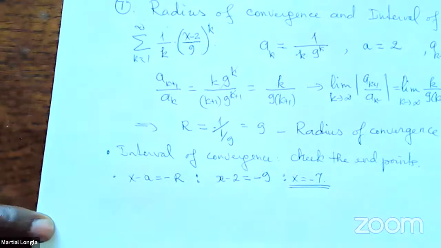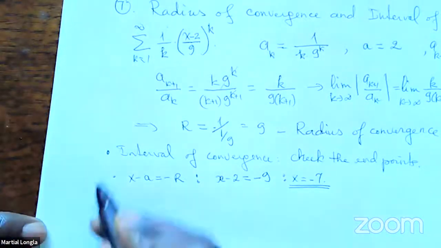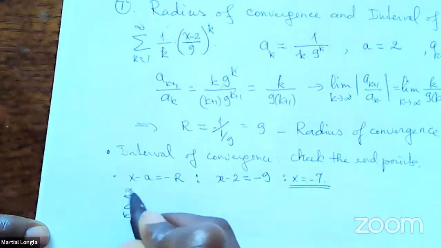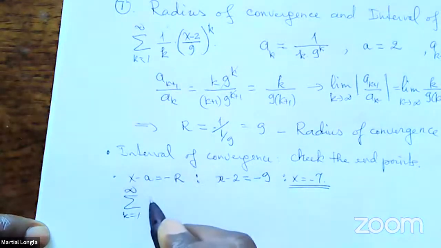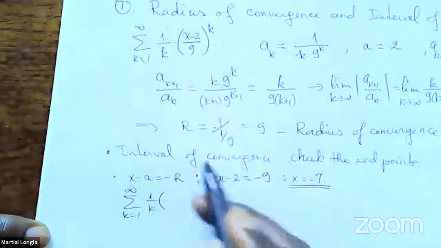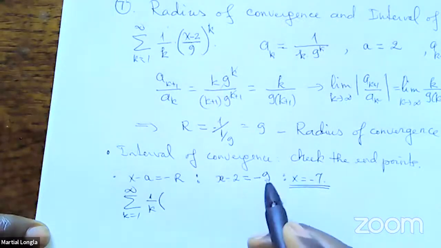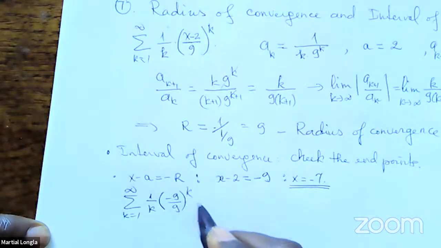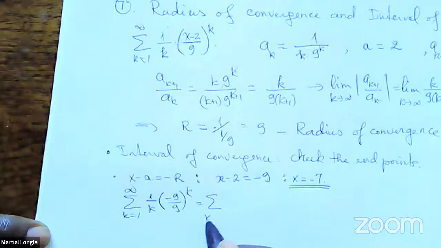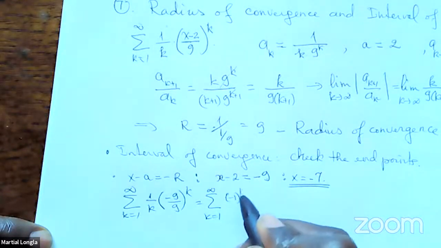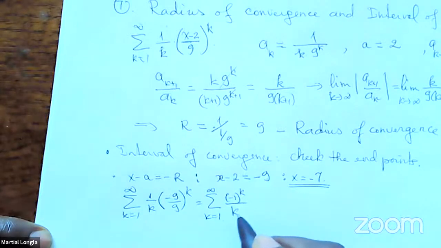So that's the lower point of the interval. And then you plug that in: sum k from 1 to infinity, 1 over k times negative 9 over 9 to the power k, and that is sum k from 1 to infinity, negative 1 to the k over k.